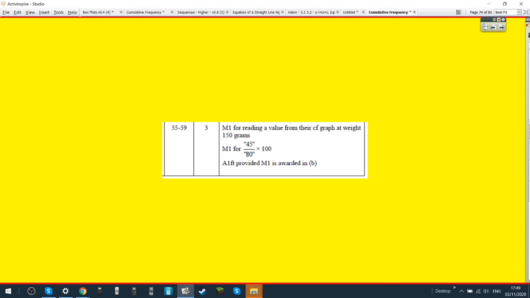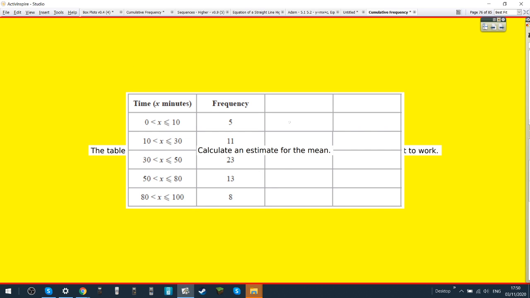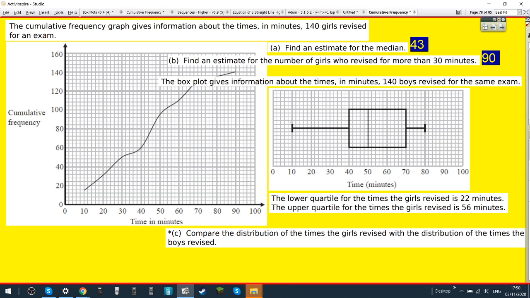This one you had to find the percentage yourself. Estimated mean. We did it. Okay. Let's try this.